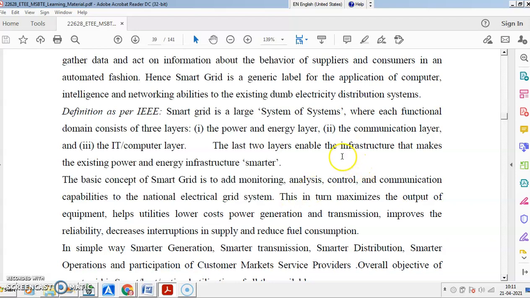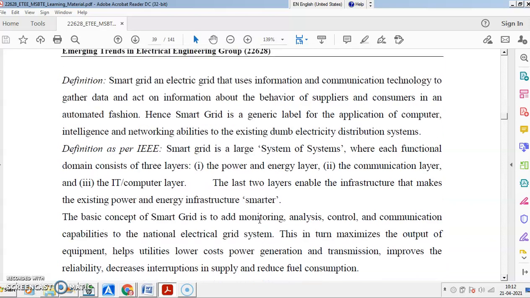The last two layers enable the infrastructure that makes the power grid smart. The first layer is already there, that is, the conventional grid, but the other two layers are added to make the grid smart. So this is the smart grid concept.